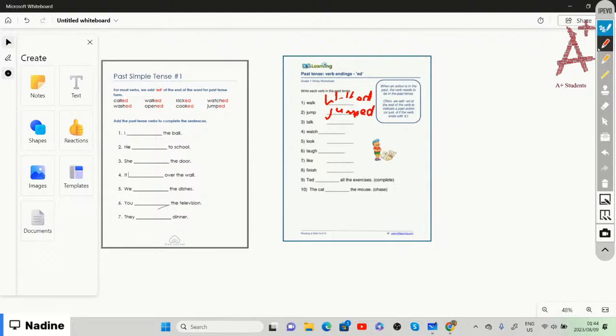Talk. We need to write that word talk in the regular past tense. So talk and talked. And then we have watch and watched. Look and looked.